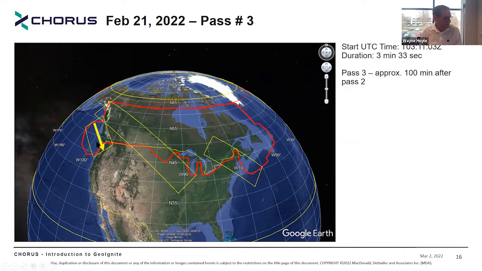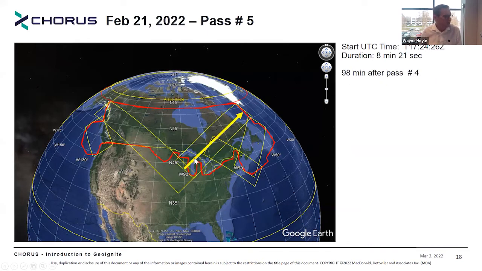Then another 100 minutes is another descending pass that is going to be coming down the west coast. And each of these swaths is 700 kilometers, which is equal to the broadest collection we can do. Pass number 4 is actually an ascending pass coming up the eastern seaboard.